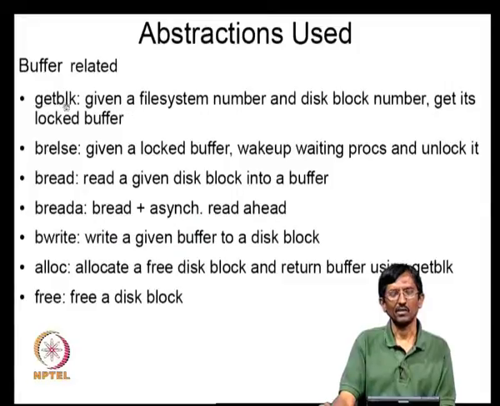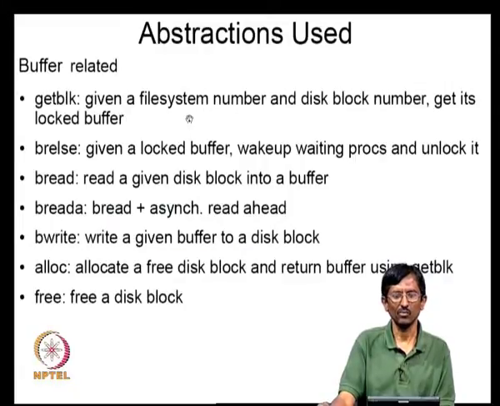Given a file system and a disk block, you want to get a unique buffer, but it is also locked. So, if anybody else asks for the same file system number, block number, it should still get what was given earlier. There should not be two copies of the same thing, because otherwise each of the parties can write to it and they will be inconsistent.